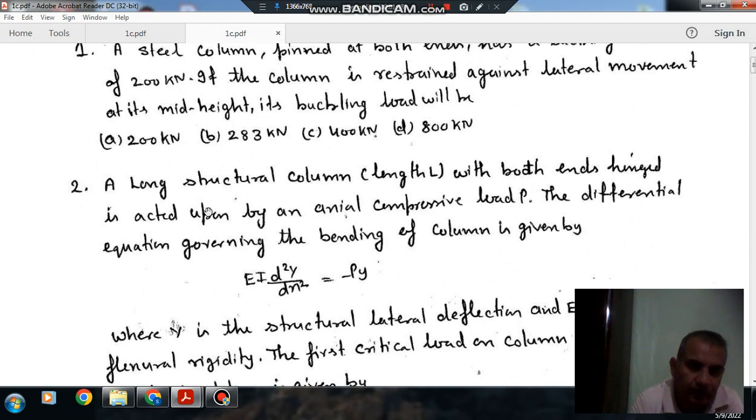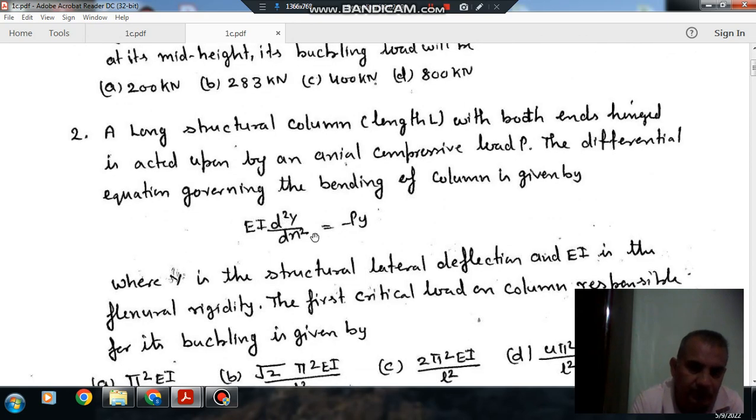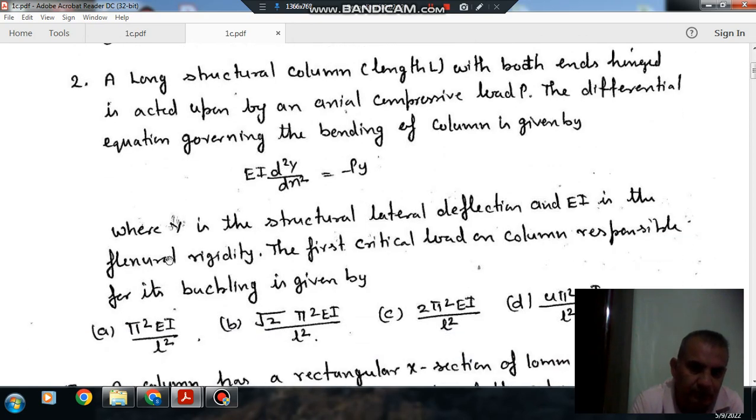Next, a long structural column of length L with both ends hinged is acted upon by an axial compressive load P. The differential equation governing the bending of the column is given by EI d square y by dx square is equal to minus Py, where y is the lateral deflection and EI is the flexural rigidity.